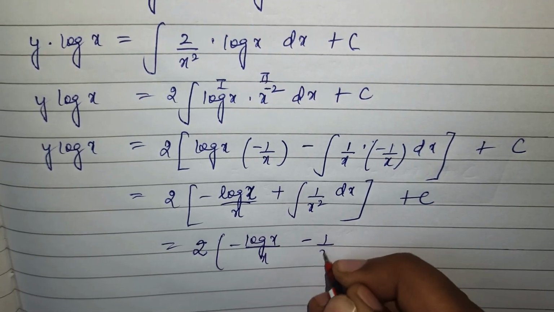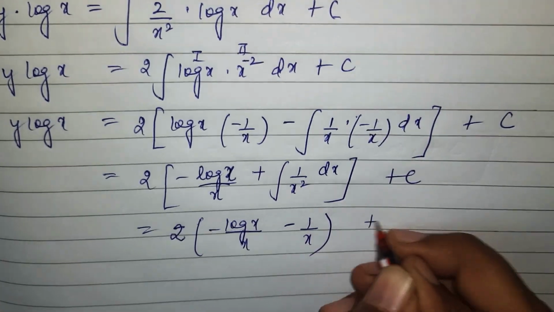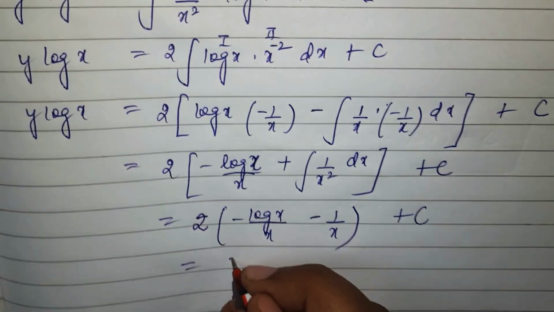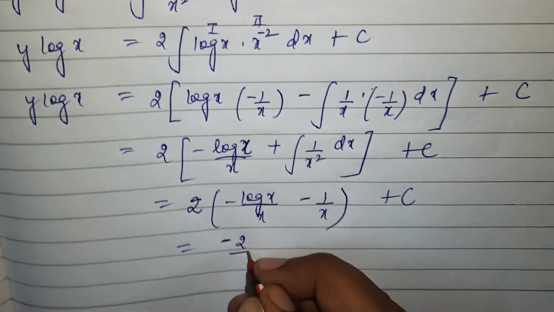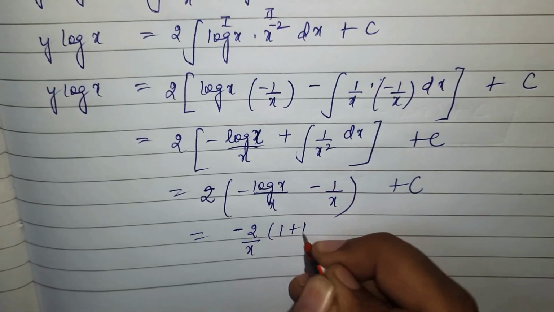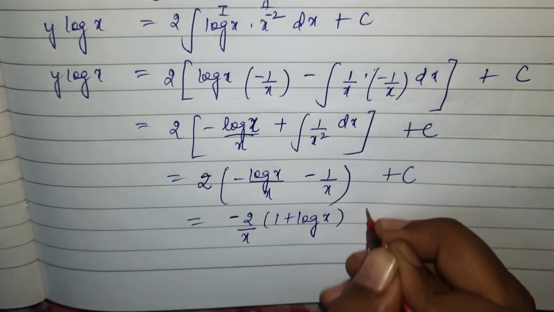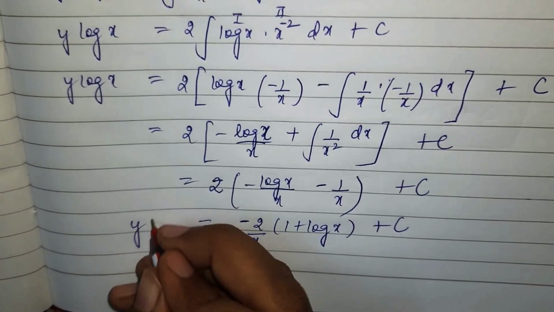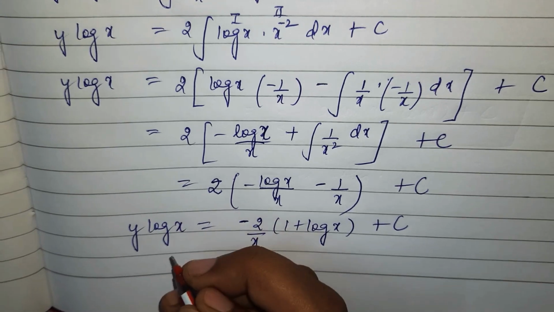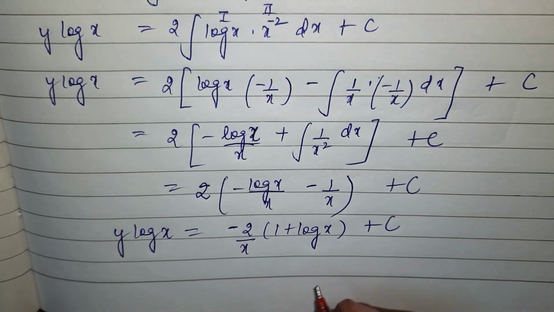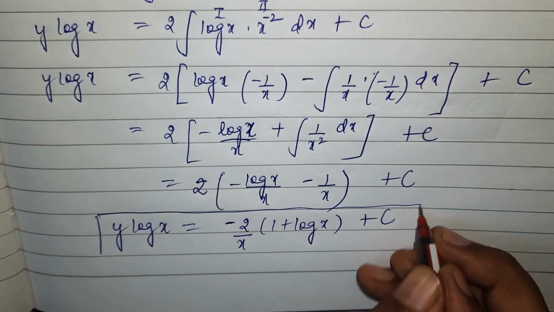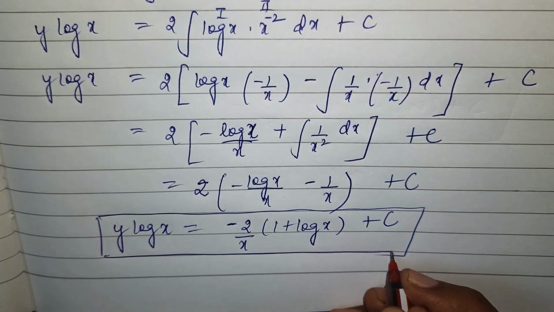After integration I am getting this. So I will be getting minus 2, I am taking x common, (1 plus log x) upon x, plus c. So y log x equals this. So your final answer will be this. So this is your general solution.